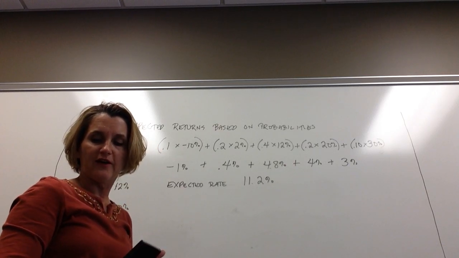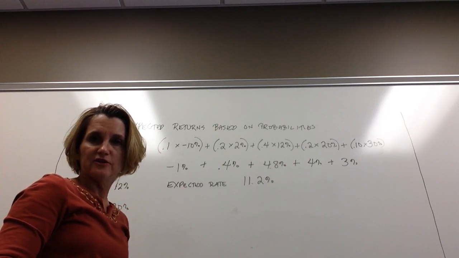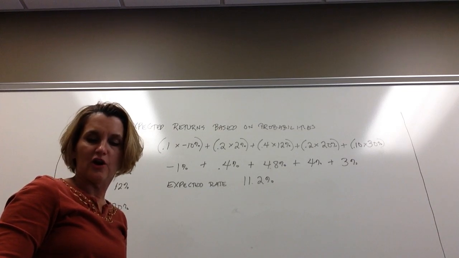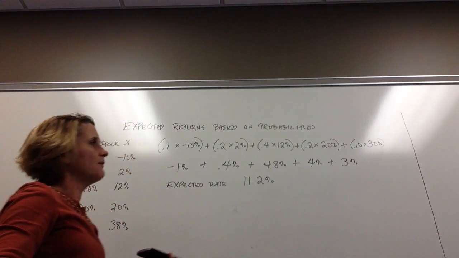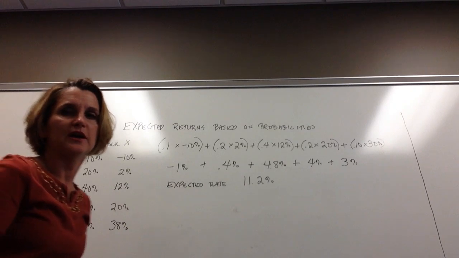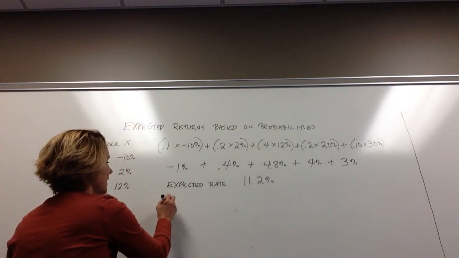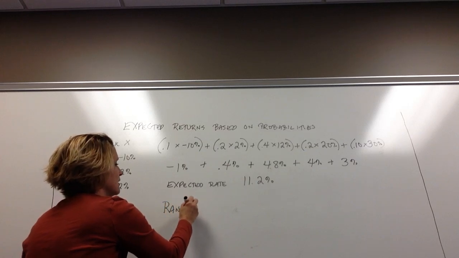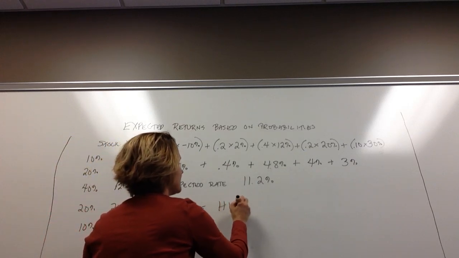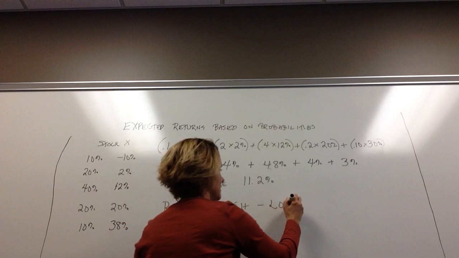For your homework, you're going to have to calculate a standard deviation and a coefficient of variation. How I'm going to do it here, and how it would be done on the test, is just calculating the range. Your range is your high point minus your low point.